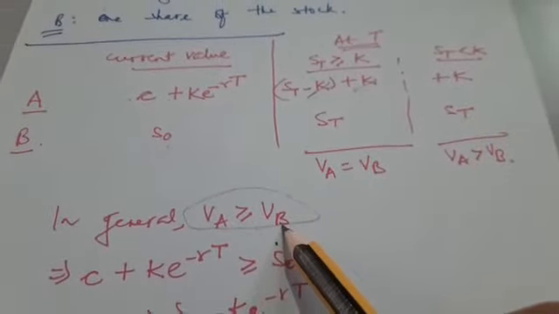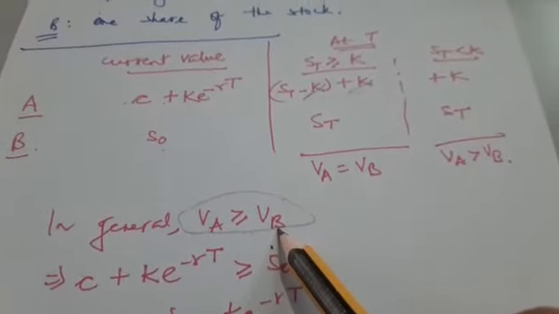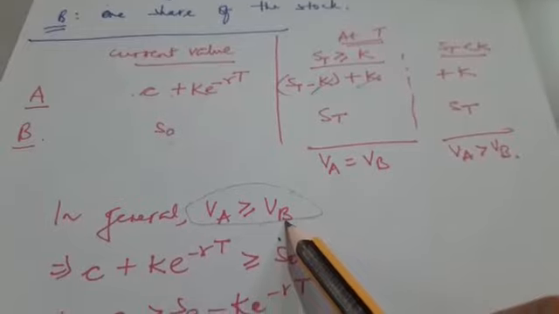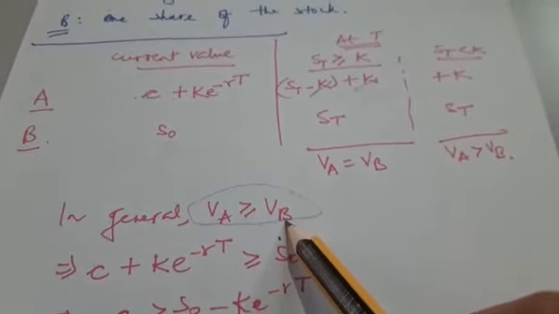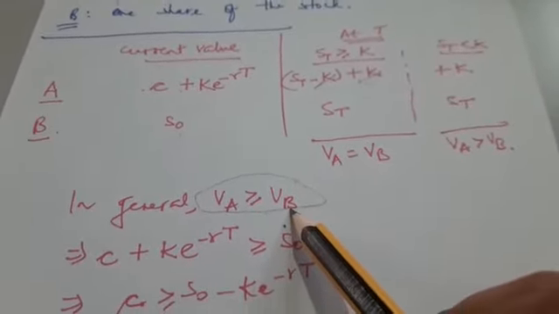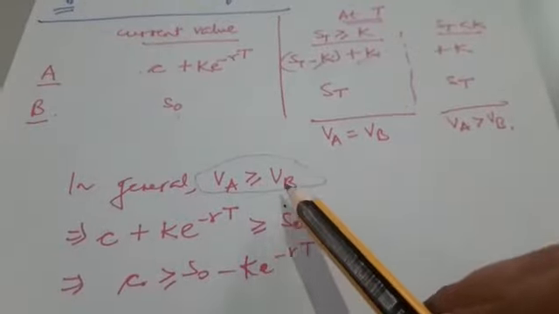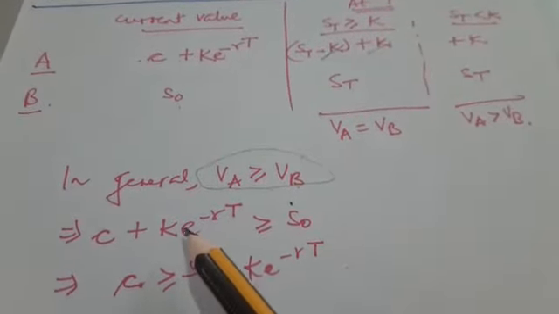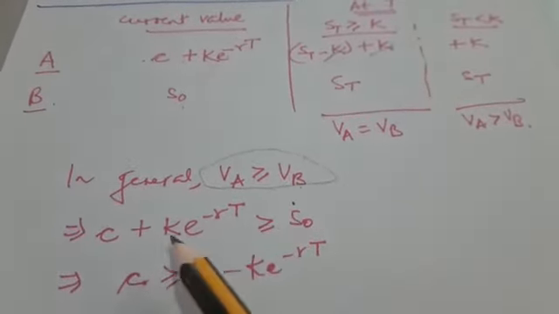What the law of one price says is that in order to prevent riskless arbitrage, we also have to have the same kind of matching for the current values. So let's apply this same logic to the current values.